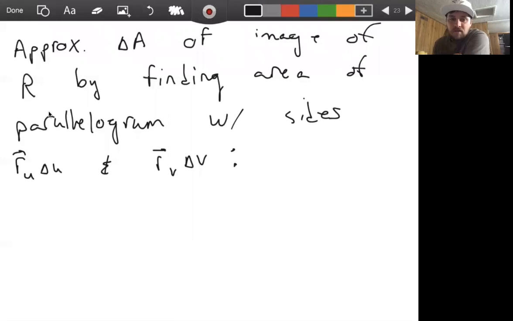Well, we can use what we learned about vectors to calculate area. Remember, the area of a parallelogram is the same as the magnitude of the cross product, right?